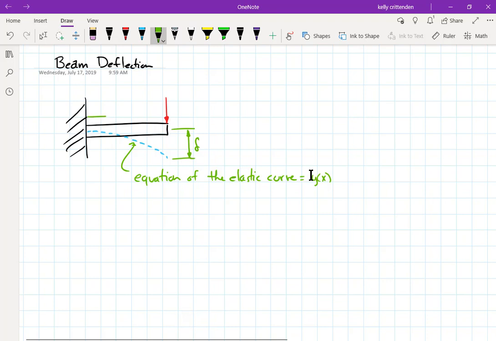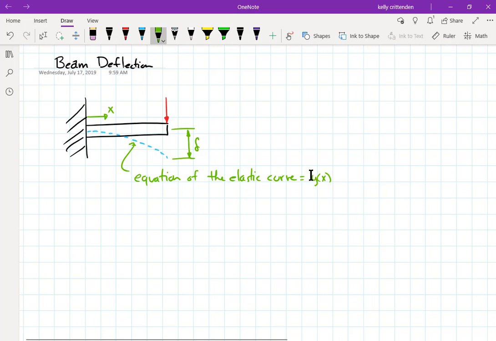If x is maybe doing this, then we could actually plot the deformed shape of this beam. So how do we develop that? We'll go through a theoretical approach to get there. And then tomorrow we'll look at assuming you know that.